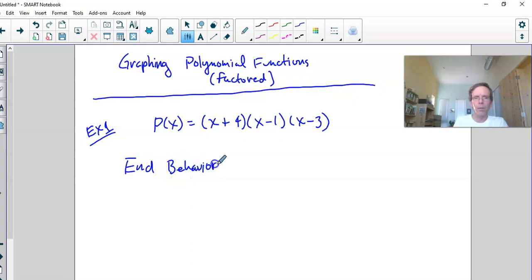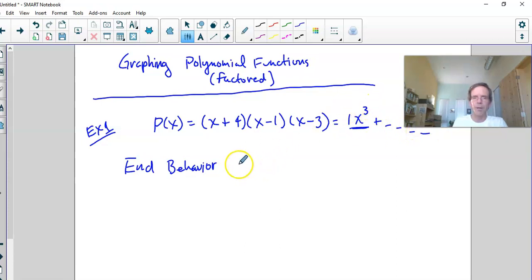We don't have the multiplied out polynomial, but we could imagine what the first term would be. It's going to be the product of all the first terms of the binomials here. So x times x times x gives x cubed. And they all have a coefficient of 1, so it's just 1x cubed. And then there'd be a plus or minus, and then a bunch of other terms to the right that we don't really care about. They're not related to the end behavior.